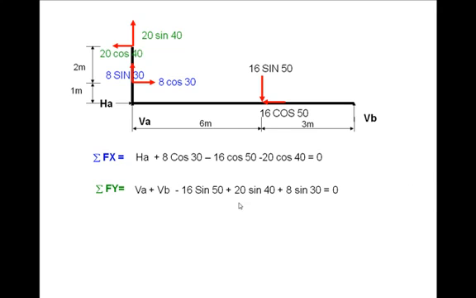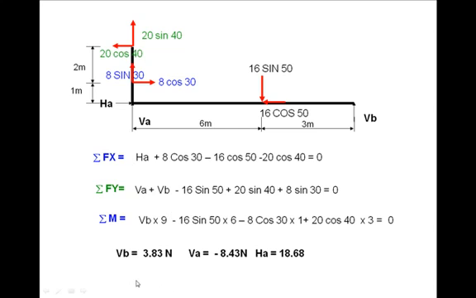Sigma Fy: VA plus VB plus 20 sin, minus 16 sin 50, plus 20 sin 40, plus 8 sin 30, equal to 0. Then taking moment about point A equal to 0, I get VB into 9, 16 sin 50 into 6, 8 cos 16 into height 1, and 20 cos 40 into height 3, equal to 0. Three equations, three unknowns, so you are able to solve it.